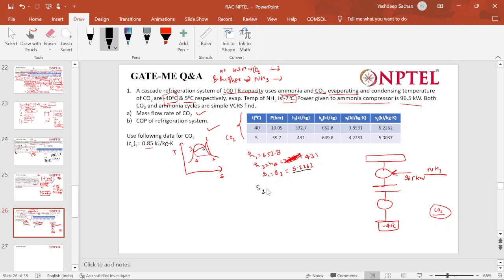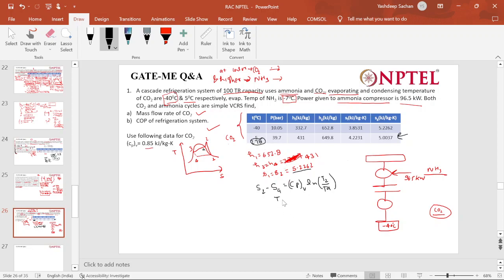What would be the S2 minus SA? It would be Cp of V ln T2 by TA. So here SA you are knowing, SA would be this value, right? Sg at 5 degrees Celsius would be the SA. So S2 you know, S2 is this, SA is this, Cp 0.85 and TA would be 278, right? Kelvin.